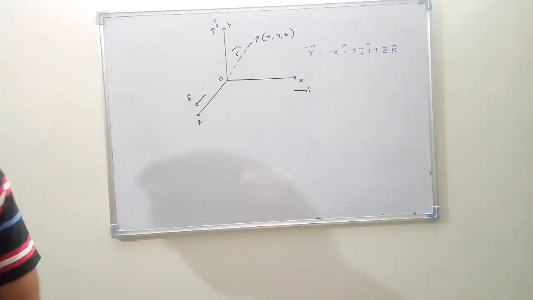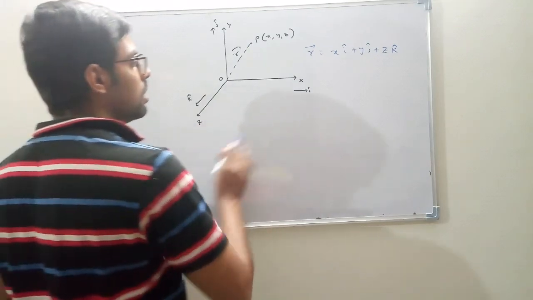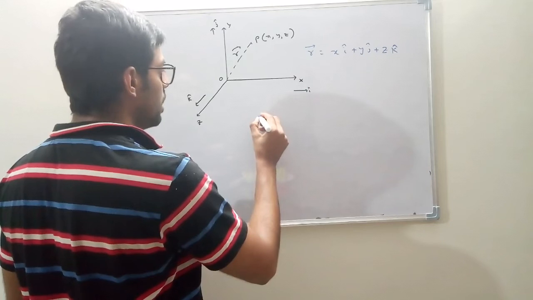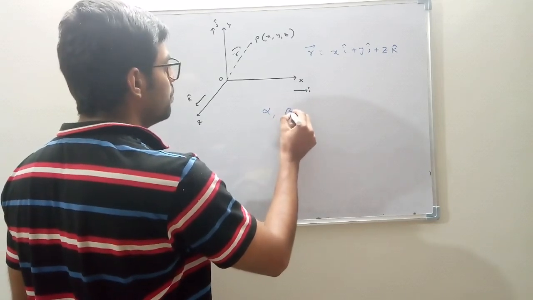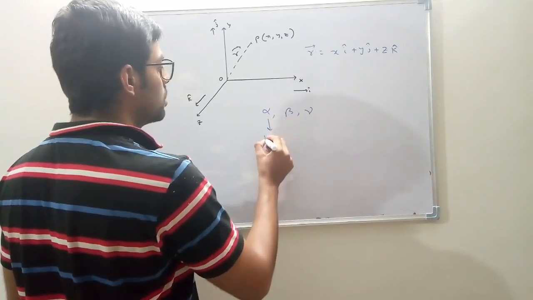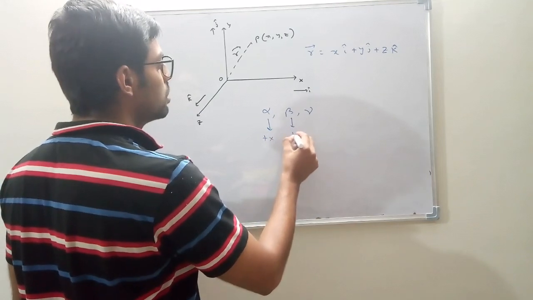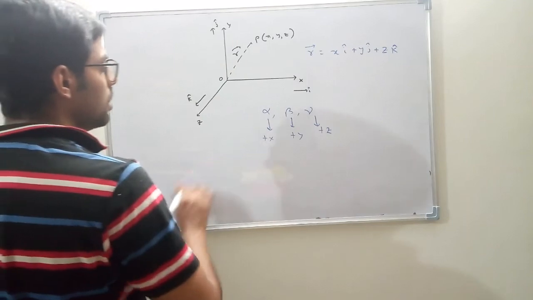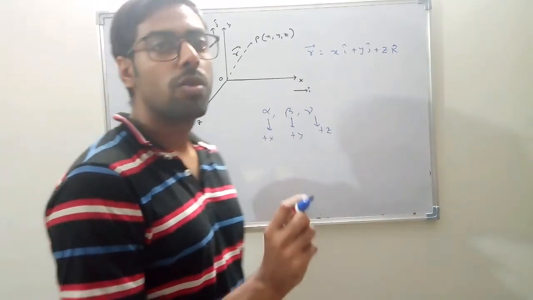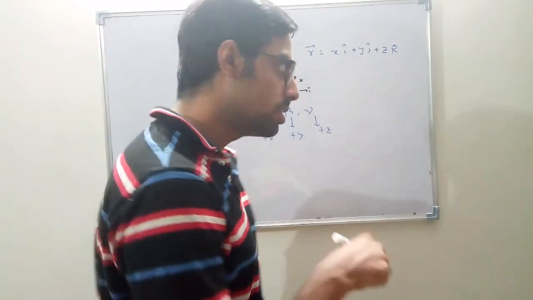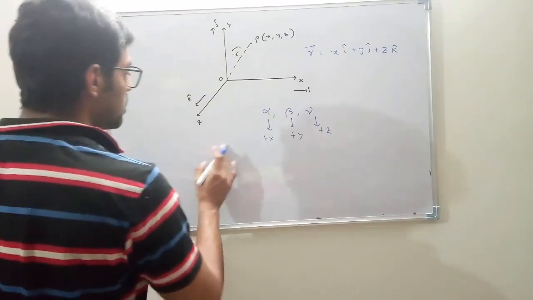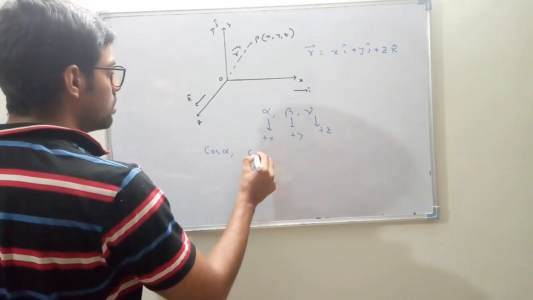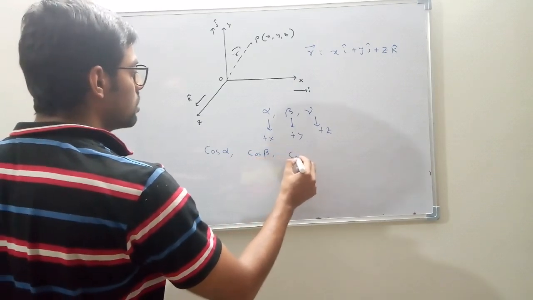Again, remember one thing: if this r vector makes angles alpha, beta and gamma with the positive x-axis, positive y-axis and positive z-axis, then we can define a term called direction cosine. The direction cosines are cos alpha, cos beta and cos gamma.